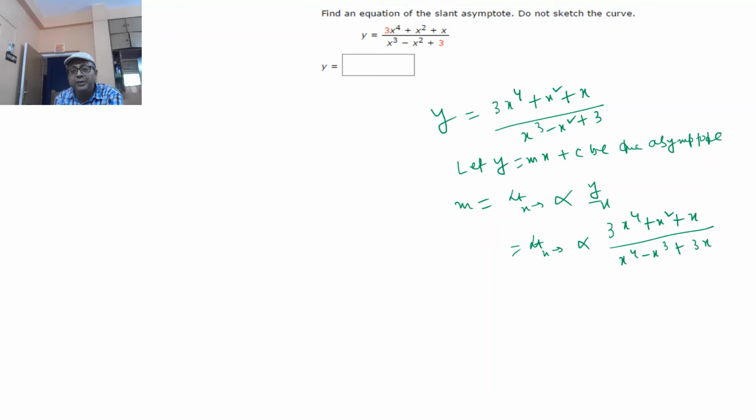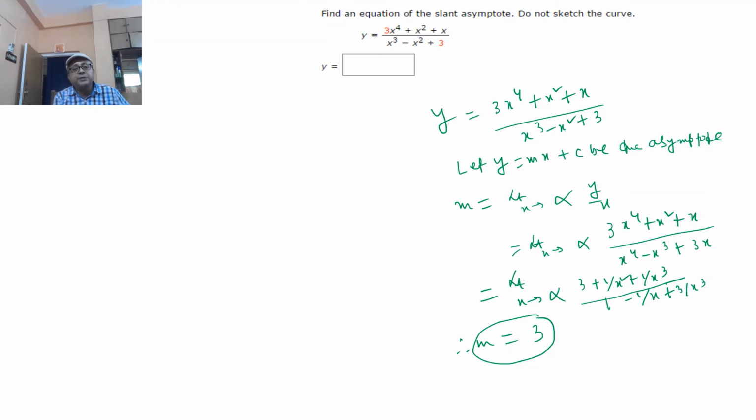Now divide numerator and denominator by x^4. This gives us (3 + 1/x^2 + 1/x^3) divided by (1 - 1/x). When x tends to infinity, these terms are all equal to 0. It gives the value 3. So the value of m is 3.